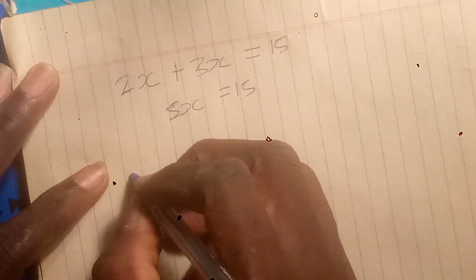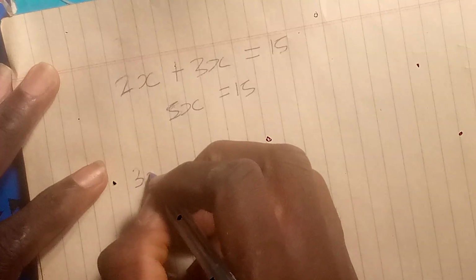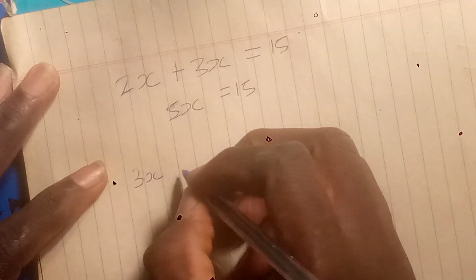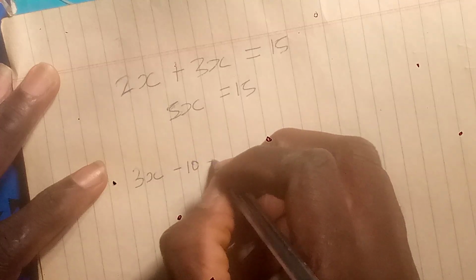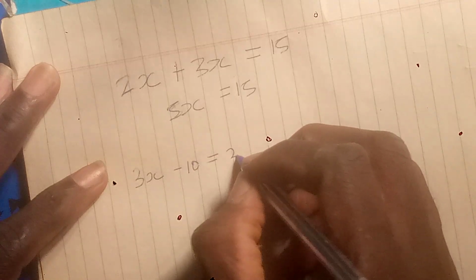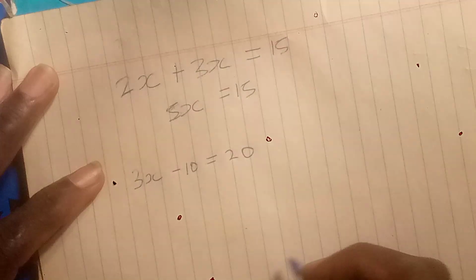For example, 3x minus 10 is equal to 20. Most students will write 3x is equal to 20 minus 10, which is wrong.